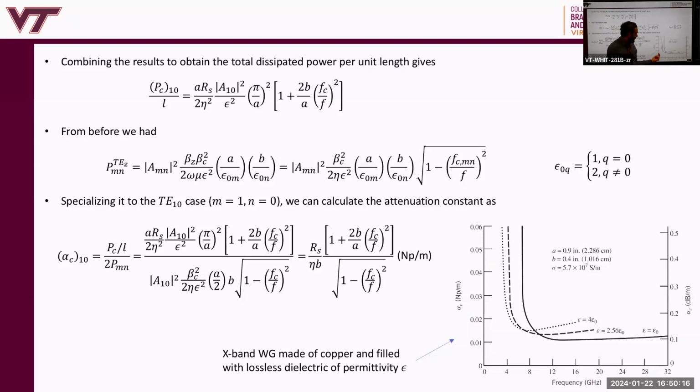So at some point, why do these things have a lot of loss here? Yes, very good. And we have epsilon equal to 4 epsilon naught and 2.56 epsilon naught as the other dashed curves. We're going to use this curve in some simulations that I'm going to show you in a second. Very nice.